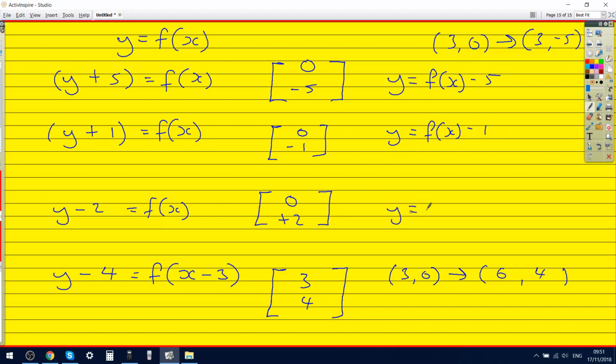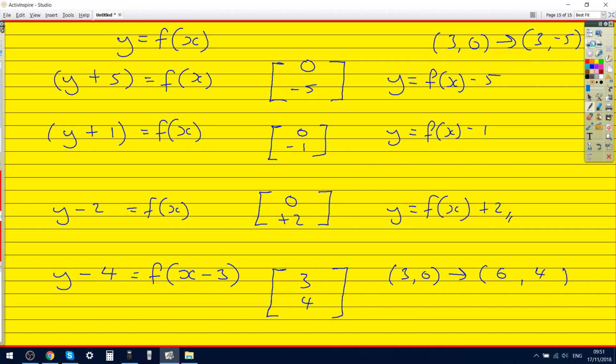F of x plus 2. That's it. We usually write it as y equals. If you see y equals something and the number on the other side, because they've already brought it across, it's minus 5, and it's not in the bracket next to the x, so it's in the y direction, so it's minus 5 from the y. Minus 1 to the y, plus 2 to the y.